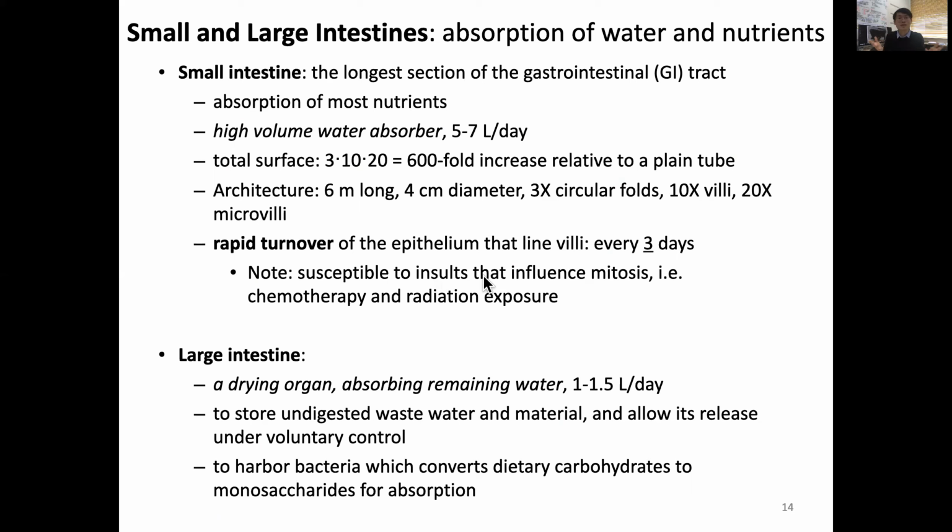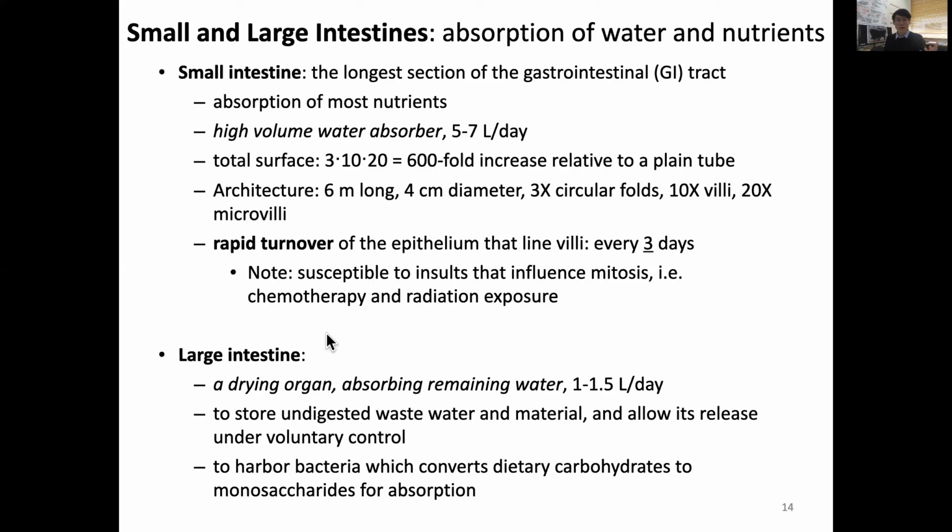For example, a cancer patient who has to undergo radiation therapy, which damages DNA, kills mitotic cells. Small intestine cells keep regenerating, and this radiation exposure, because of the rapid turnover, kills these cells temporarily. As a side effect, the patients can get diarrhea. Okay, so that can become an issue.